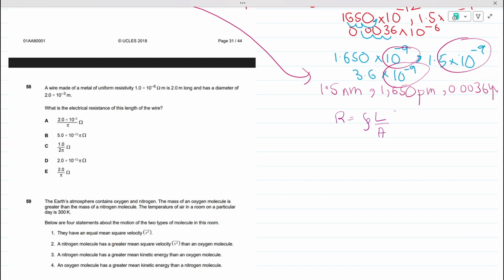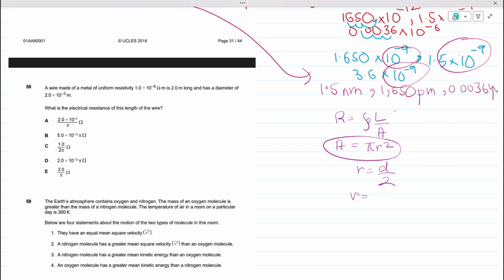And the formula for the area of a circle is pi r square. The diameter is already given, so from here we can find the value of r.